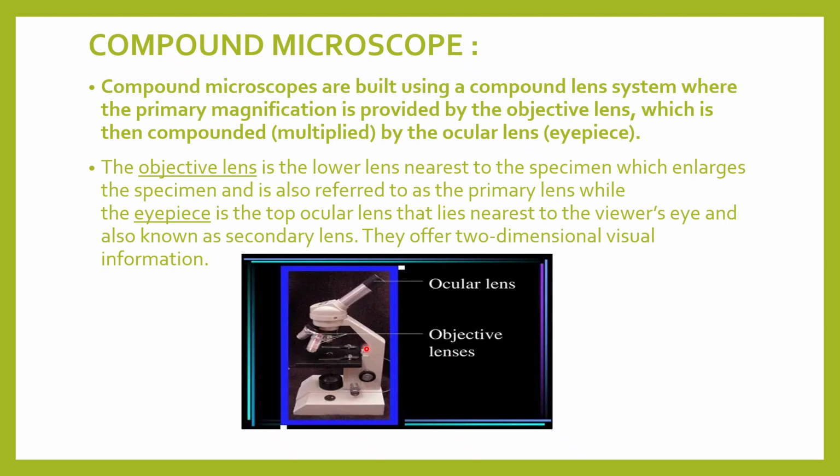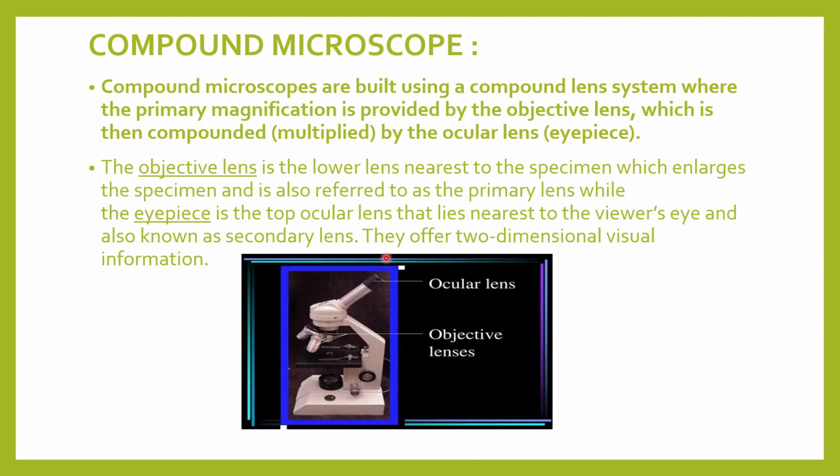Why? Because it is nearest to the specimen. As I told you, this is the stage and the specimen will be kept here, so this is nearest to the specimen. It is the one which focuses the specimen, and that's the reason we call it the primary lens. And apart from that there is another lens which is called the eyepiece or ocular lens.